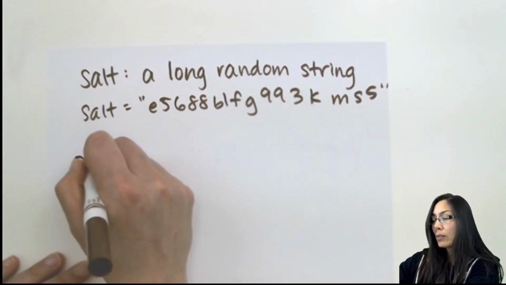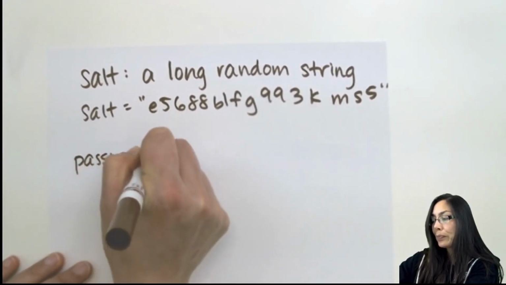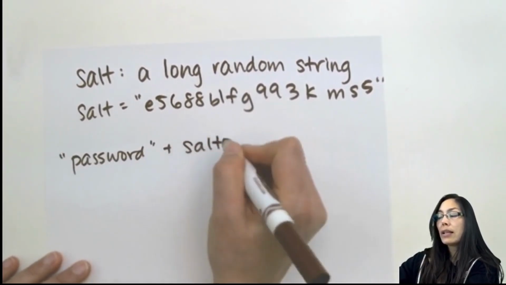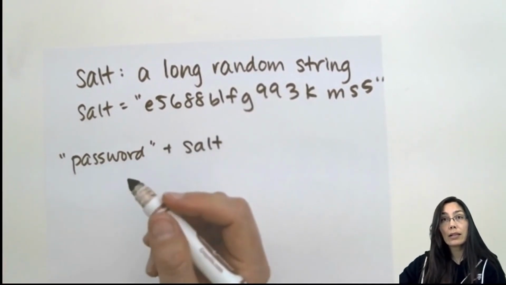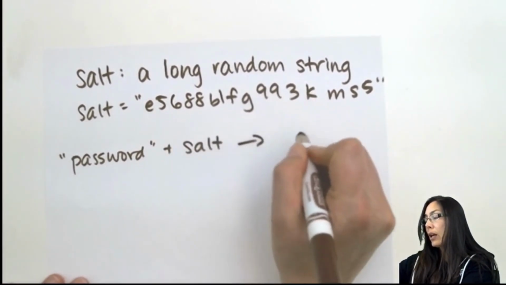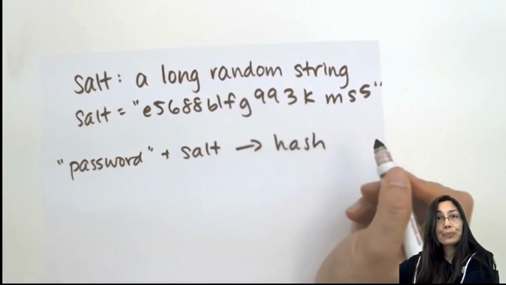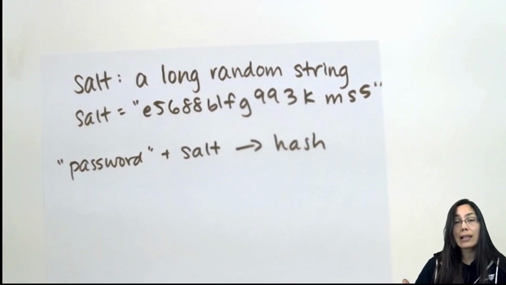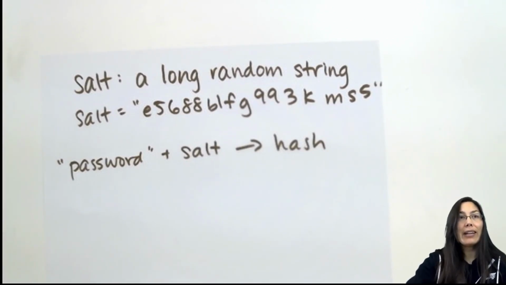They come along with their miserable password of password, but we're going to concatenate on the salt, and then we'll pass it to the MD5 hashing algorithm, and we'll discover our hash. So now that method that hackers were using, where they were just guessing common passwords, it's just not going to work, right?